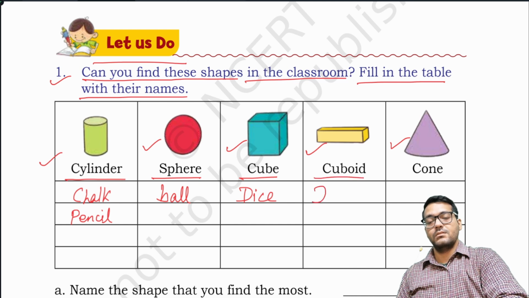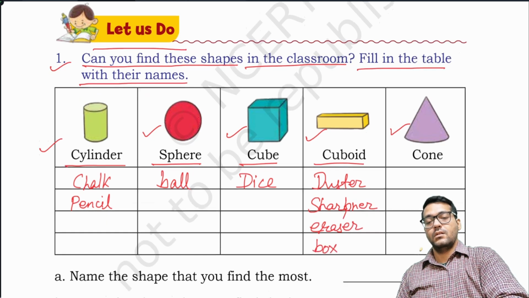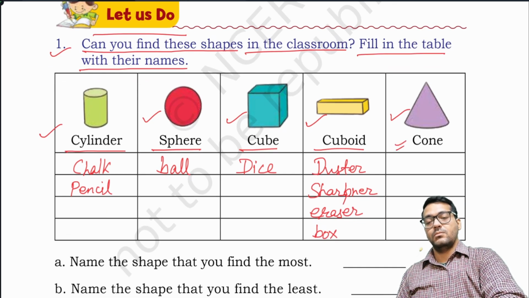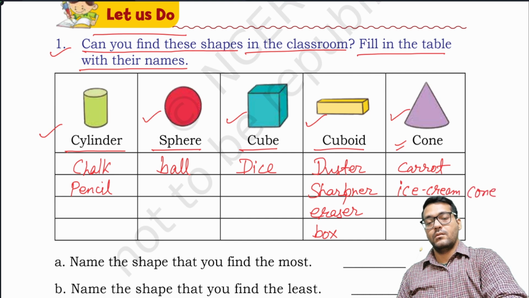Cuboidal shape, that is duster. Your sharpener, your eraser, your box. Cone shaped object could be carrot, ice cream cone, or a birthday cap.